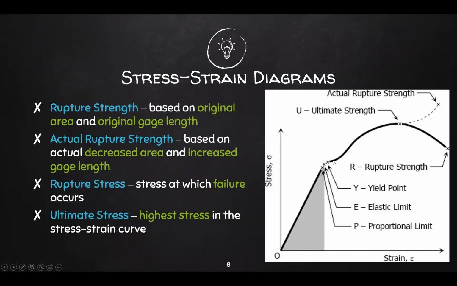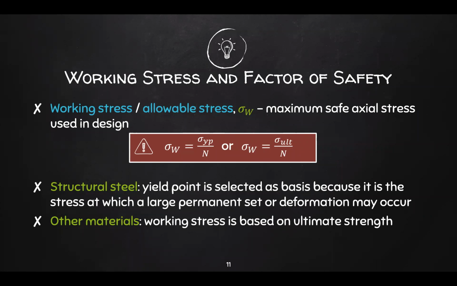Next, let's talk about working stress and factor of safety. So working stress, also known as allowable stress, denoted by sigma sub W, is the maximum safe actual stress used in design. So in most designs, the working stress should be limited to values not exceeding the proportional limit, because as we mentioned earlier, we want our material to remain in the elastic range.